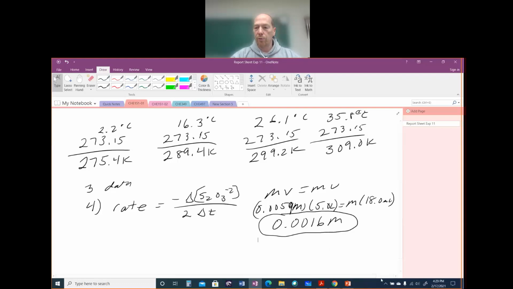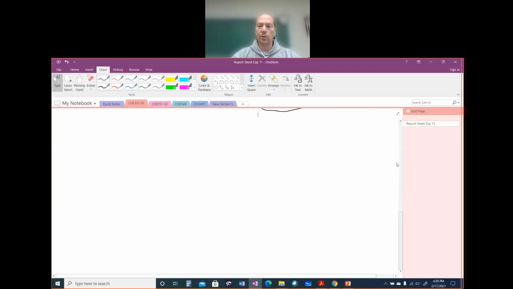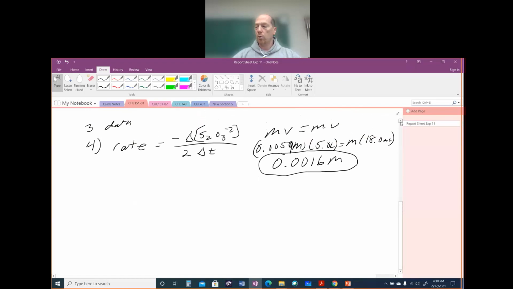The reaction turns blue when the concentration of the S2O3 goes to 0. We build up the I3 minus, it reacts with the starch and turns blue. And so the rate is equal to the disappearance of the S2O3. So the final 0 minus initial 0.0016 over 2 times the delta T. And so you bring down your times for those 4 to get those 4 answers.